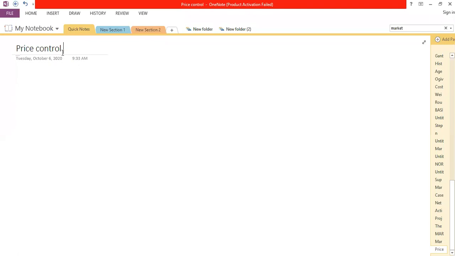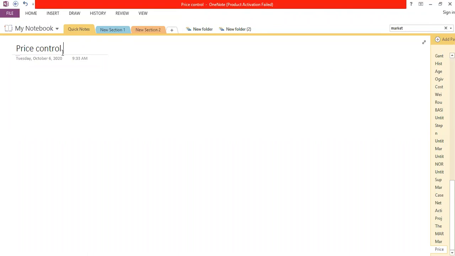And therefore, we define price controls as an artificial situation where the government would intervene and set the price, of course, control it, for a particular commodity in the market, but guided by the rules and the regulations set in the country.